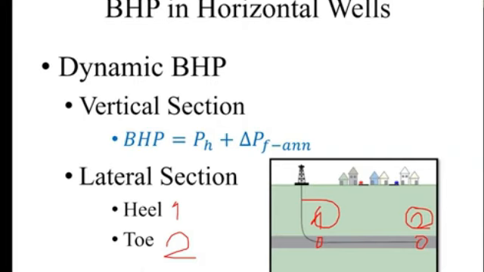And this is simply because of the pressure drop due to friction, because the mud at point 2 needs to overcome the friction all the way through the lateral section, curve section, and vertical section to the rig floor, while the mud particle at point 1 only needs to overcome the pressure drop in the curve section and vertical section. So obviously, the particle at point 2 must have a higher pressure in order to overcome all the pressure drop due to friction.